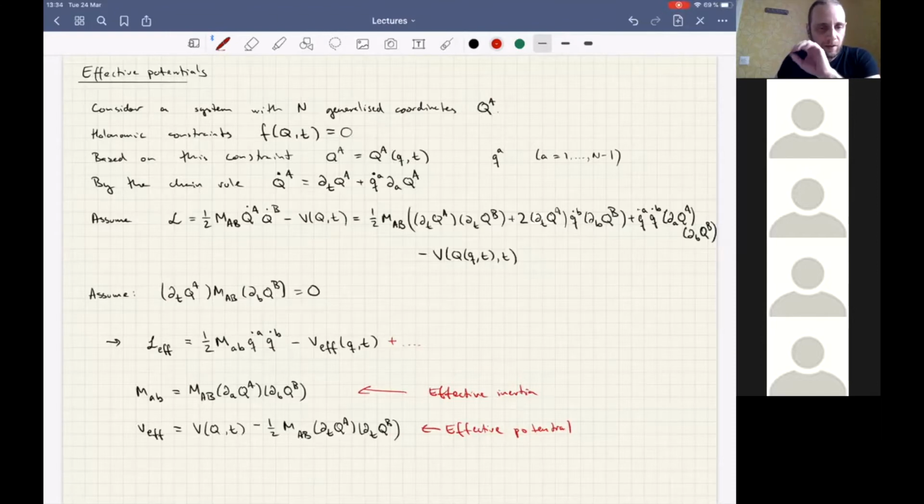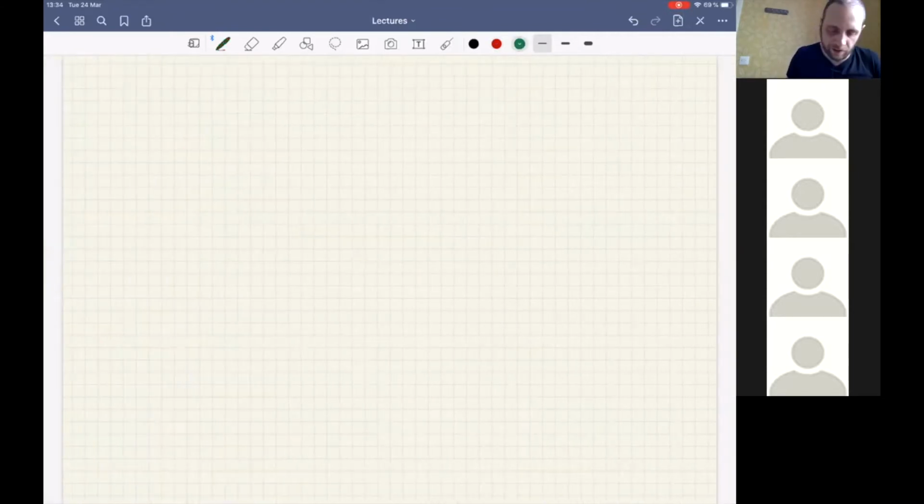So the capital indices here go from 1 to n, which means they are the original coordinates. And the smaller letters go from 1 to n minus 1, or if you have more constraints, n minus whatever. I think it would be a bit more transparent if we take an example. Absolutely. So let's do that.